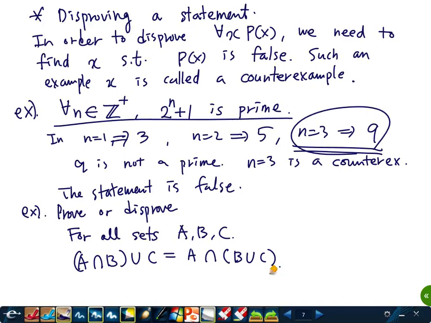Prove or disprove this given statement. You don't know yet whether this statement is true or not. If this is true, you will give a proof of this. Otherwise, you will disprove it by showing a counterexample. So I'm going to give you 2 minutes to solve this problem. Okay? 2 minutes.